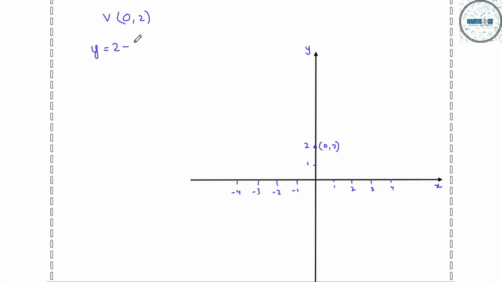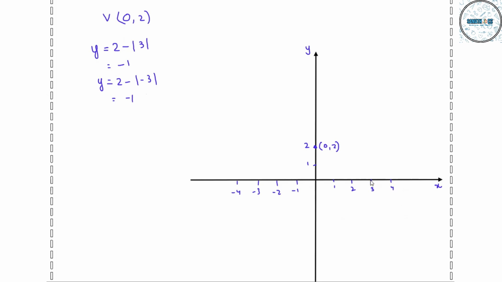When we take 3, it will be 2 minus 3, which is -1. Then we will take the value of x as -3. When we take -3, it is also -1, because the absolute value of -3 is 3. So 2 minus 3 is -1.